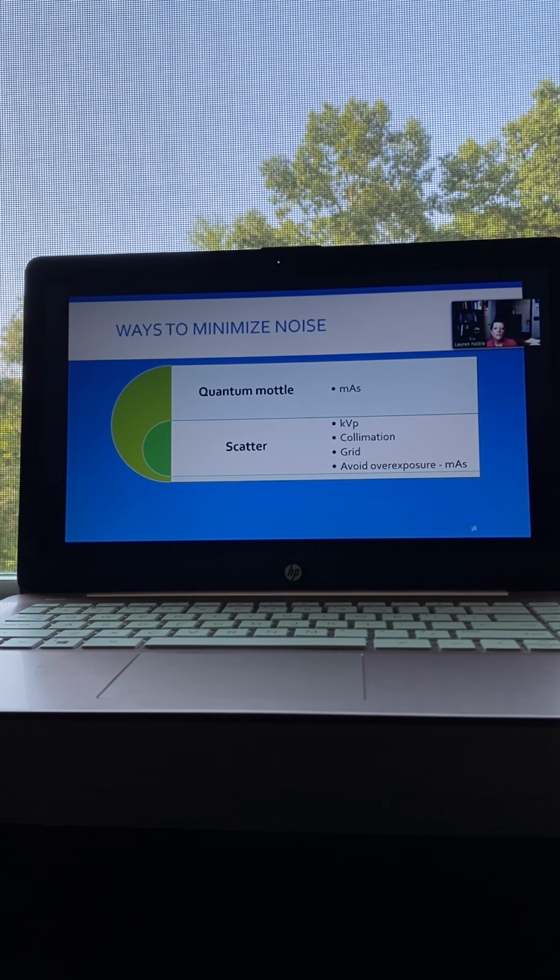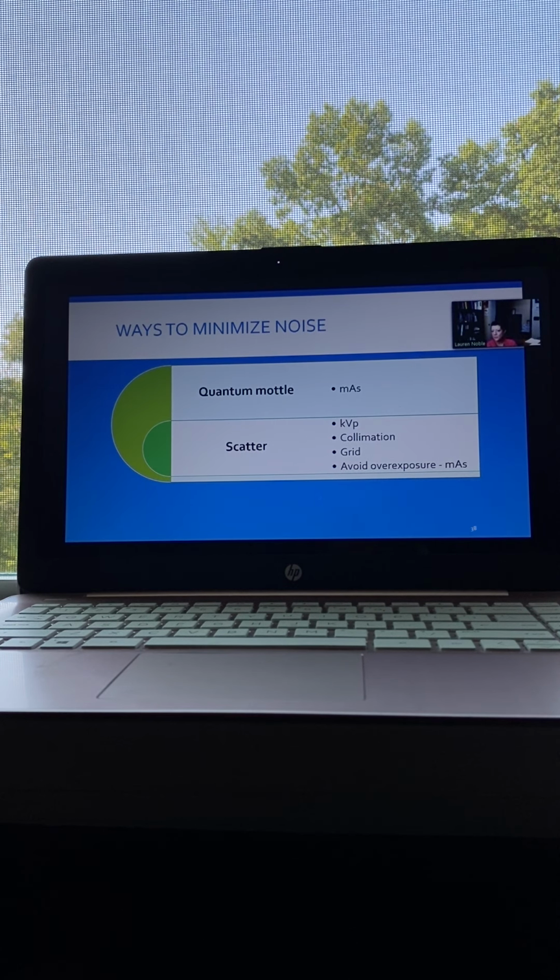Okay. So how can we minimize noise? Well, the way to minimize quantum mottle is using the proper mAs, okay? Quantum mottle means that the image detector is photon starved. There were not enough photons to create the image.